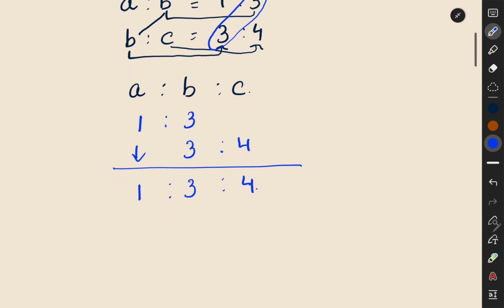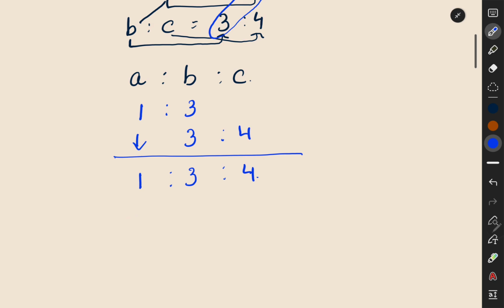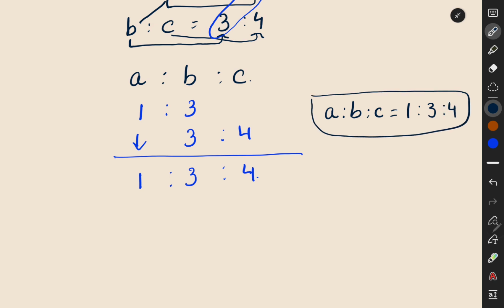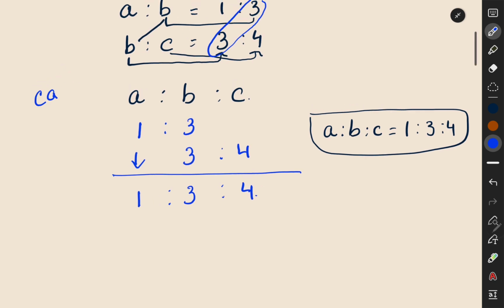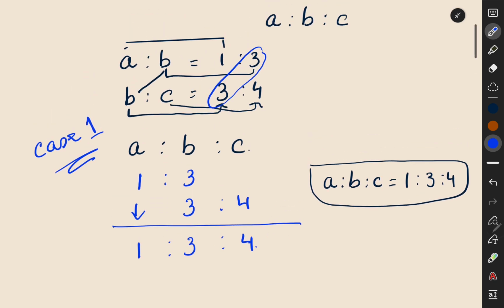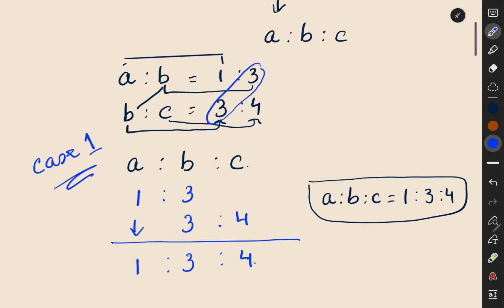So this is the value of continued ratio A is to B is to C. So we can write here A is to B is to C equals to 1 is to 3 is to 4. This is case 1. In this case, you see the element B, which is common, has same values 3.